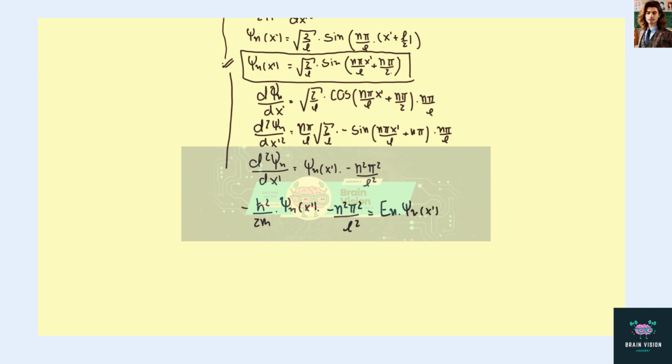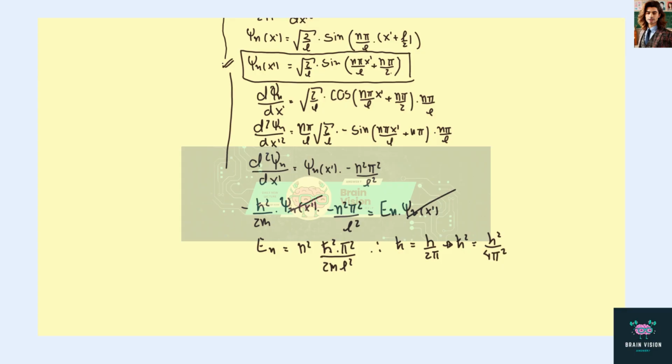So the psi n terms cancel out, and we have the following. En is equal to n squared h bar squared pi squared divided by 2m L squared. But remember that h bar is equal to h divided by 2 pi. Then h bar squared is equal to h squared divided by 4 pi squared.